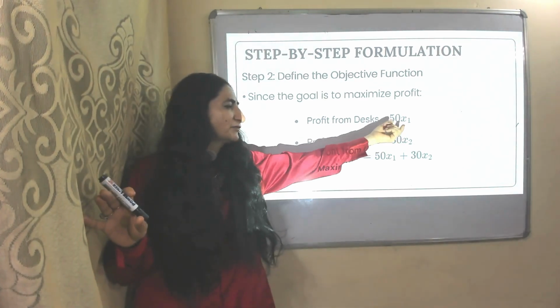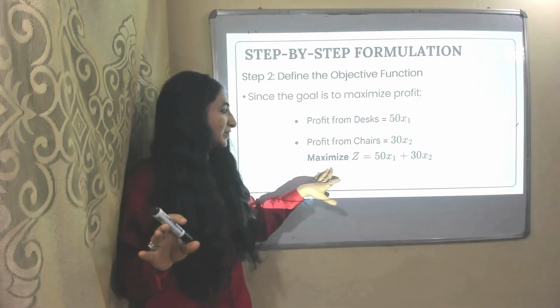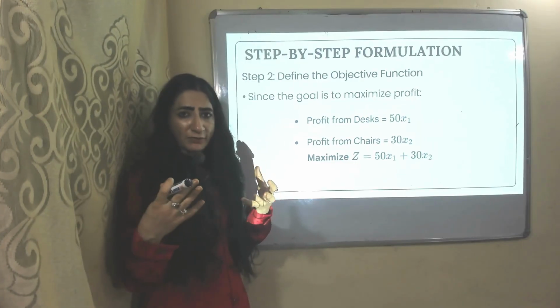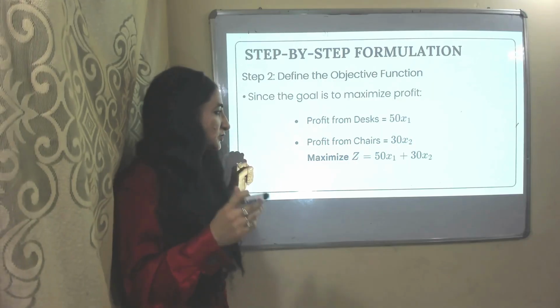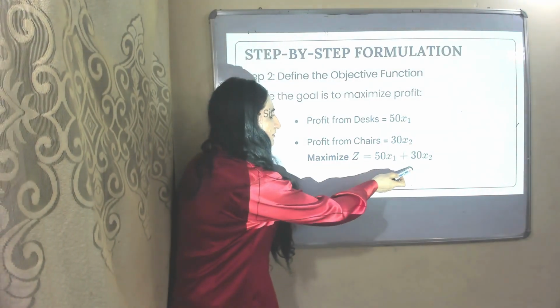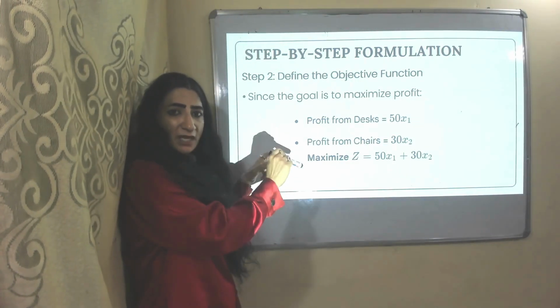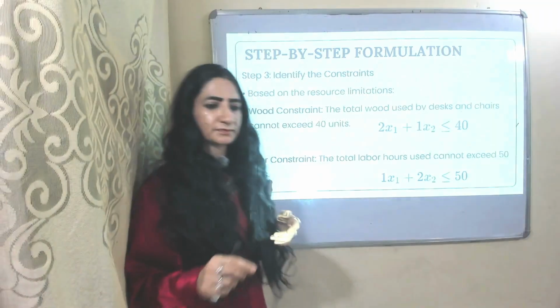Profit from desks is 50x1, profit from chairs is 30x2. Maximize Z represents how many units of chairs and desks we need to produce so that we can maximize our profit. So maximizing profit is our main goal which we want to achieve through linear programming.